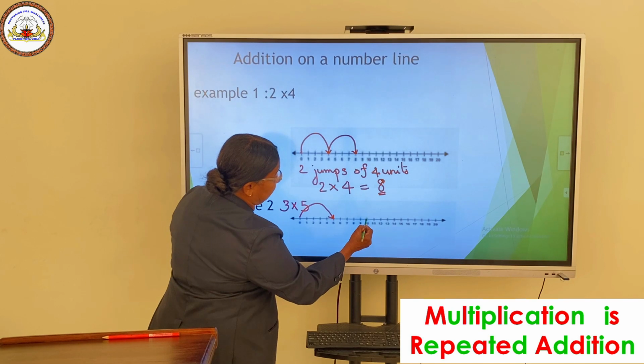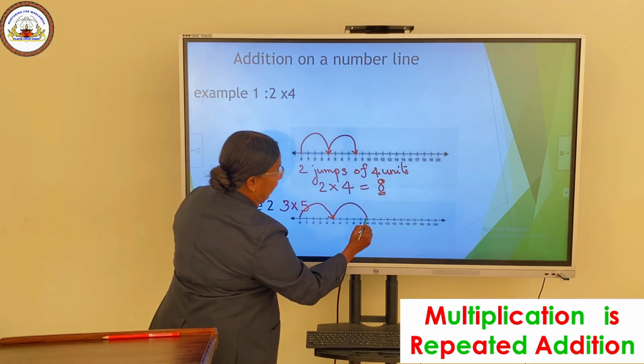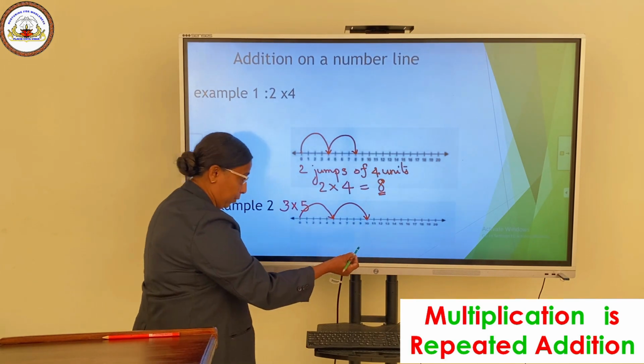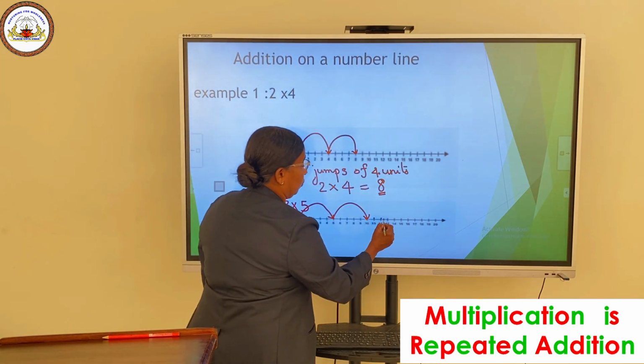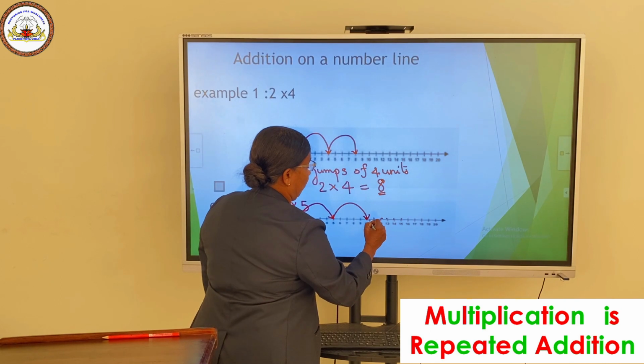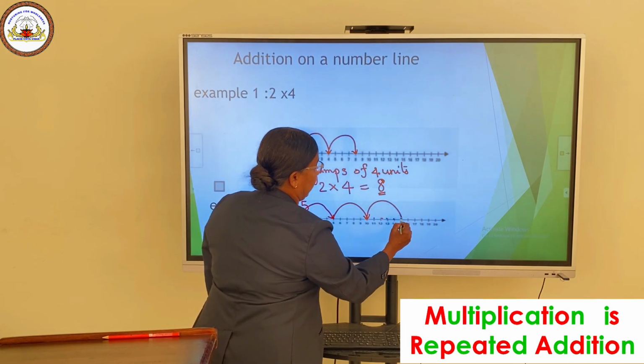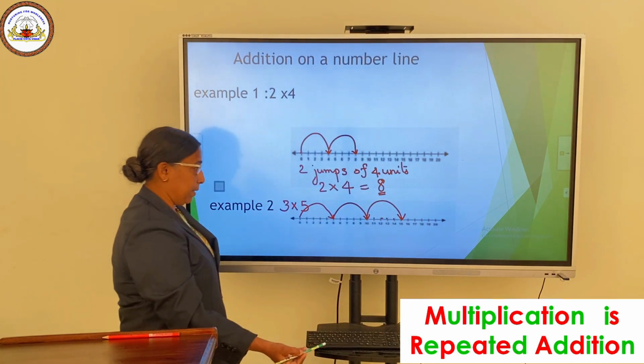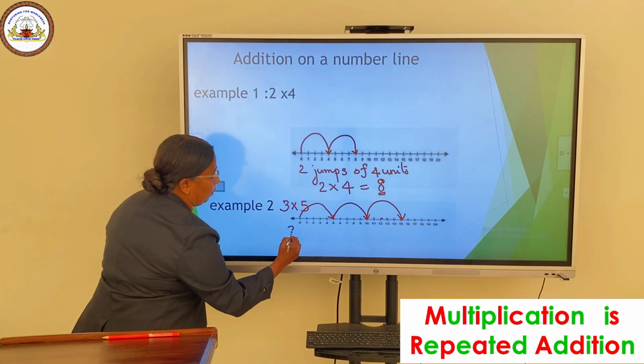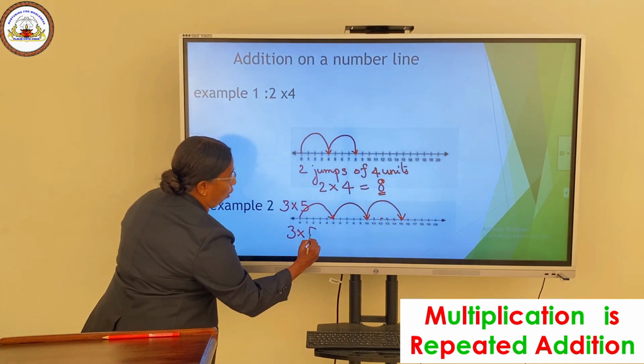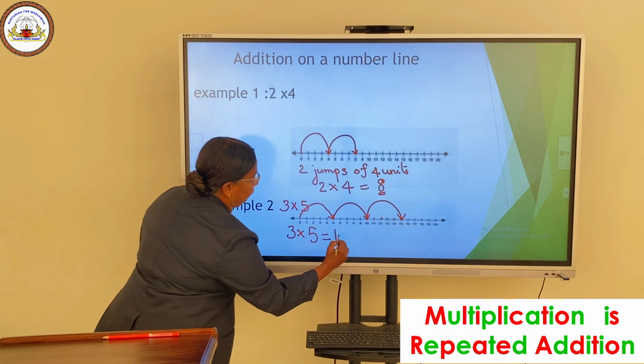That means we will reach at 10. Then again 5 units, 1, 2, 3, 4, 5, which takes you to 15. So 3 jumps are completed. That is 3 into 5, which is equal to 15.